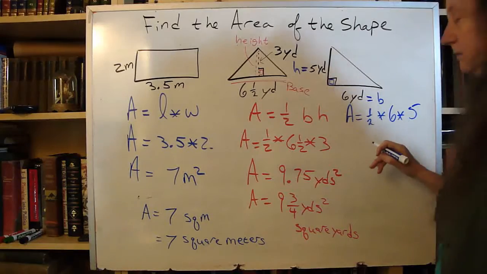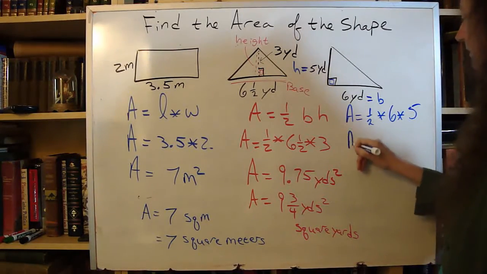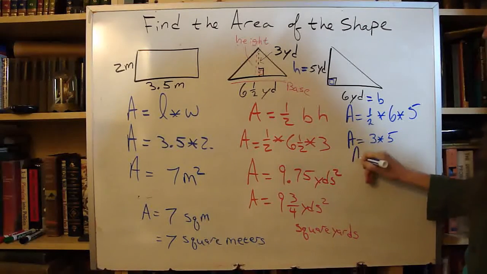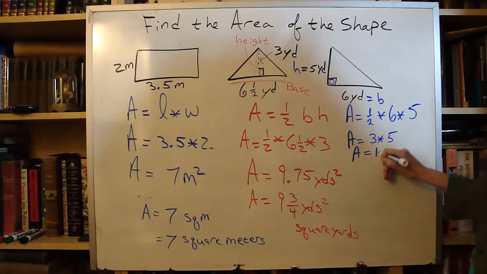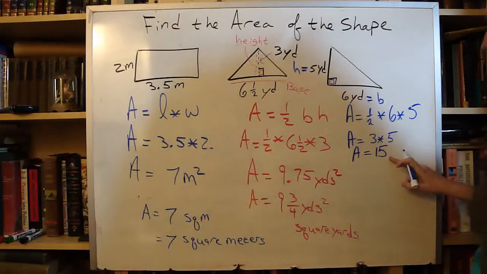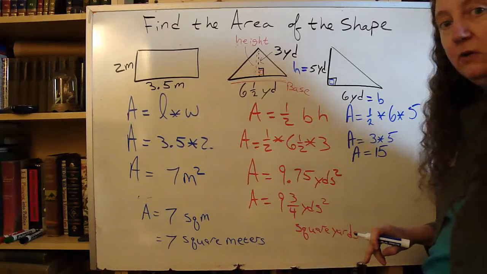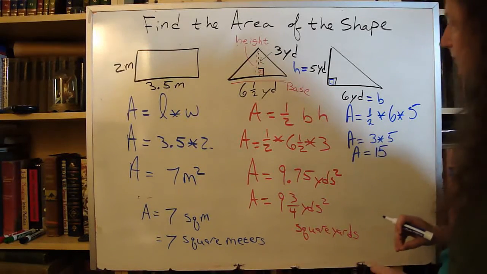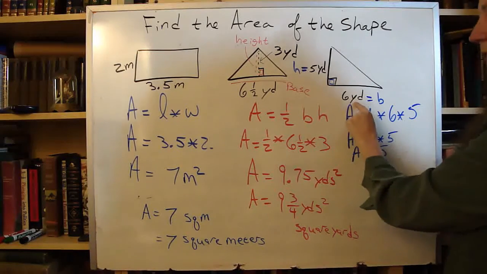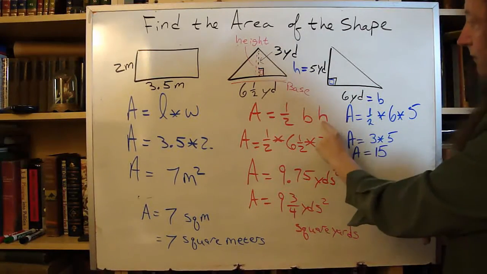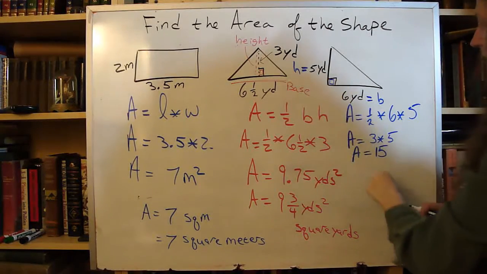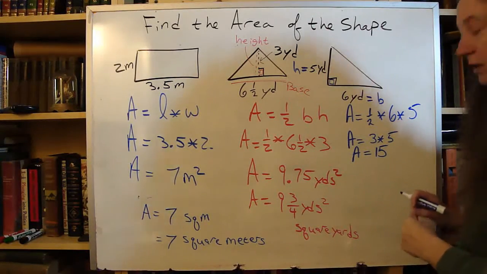Multiply this together. And I get 15. I still need to put my units on it. I'm not done yet. So I had my base, yards, and I have my height, yards. So I have yards times yards.